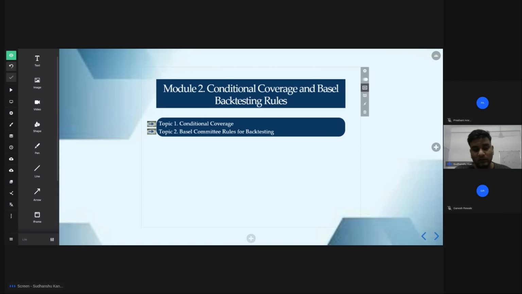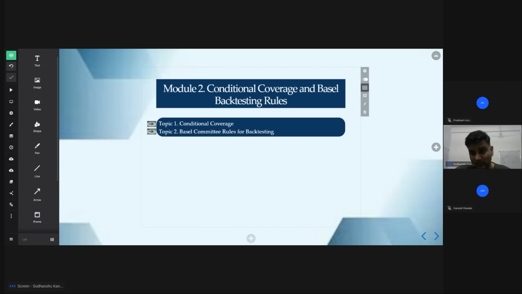When you talk about conditional coverage and Basel backtesting rule, this builds directly on what we just learned, right? We learned unconditional coverage. Unconditional coverage was what? We were not bothered about the timing of the exceptions. We were bothered only about the number of exceptions, right? Now we are getting into conditional coverage, which is very different from unconditional.